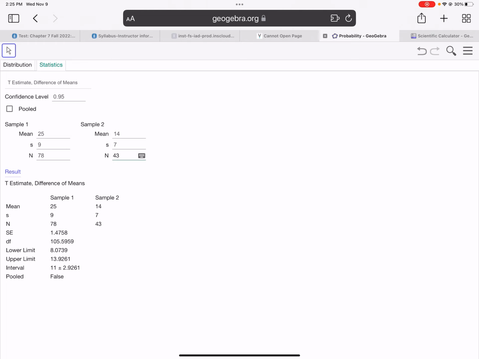The reason is that there is a formula for the degrees of freedom, and because that formula is very complicated, for manual work we take the smaller one, which is 43 minus 1, 42, which is similar and still acceptable. Okay, so which one is the more exact answer? I would say GeoGebra will be the more exact answer.